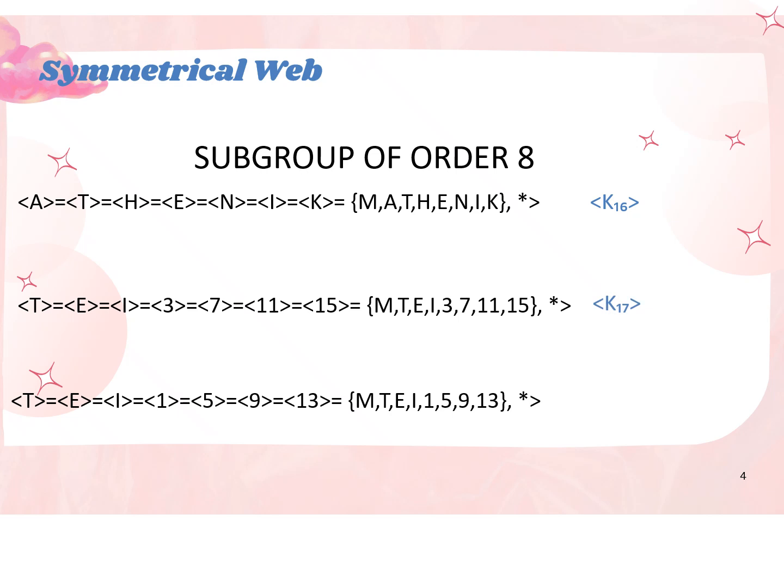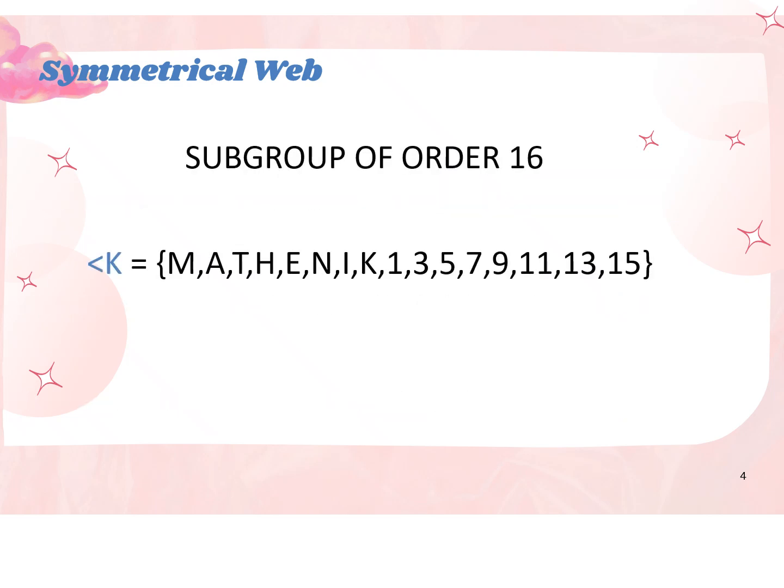Then also we have the generator T, E, I, 1, 5, 9, 13 containing the elements M, T, E, I, 1, 5, 9, 13 under the binary operation, which is K sub 18. And last, we have the subgroup of order 16, with only one subgroup, which is K, containing the elements M, A, T, H, E, N, I, K, 1, 3, 5, 7, 9, 11, 13, 15.